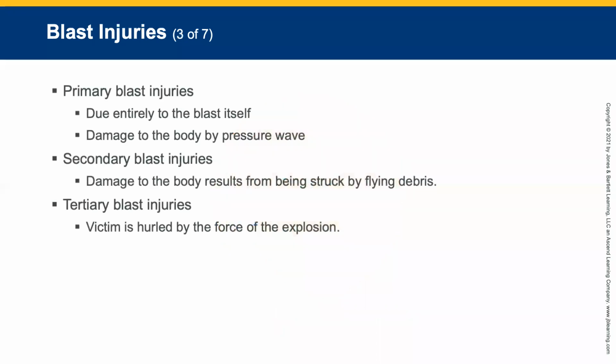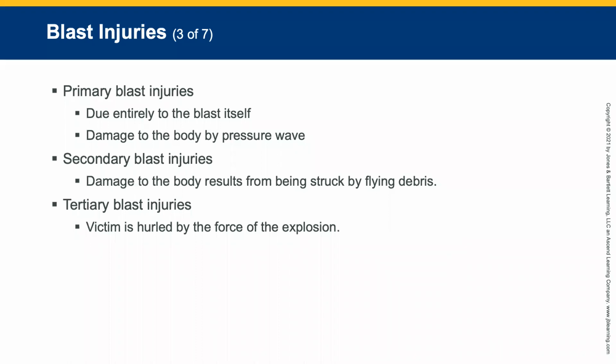People who are injured in explosions may be injured by 4 different mechanisms. Primary blast injuries are due entirely to the blast itself. Damage to the body is caused by the pressure wave generated by the explosion. Secondary blast is damage to the body from being struck by flying debris. And the tertiary injury is when the victim is hurled by the force of the explosion into a stationary object.